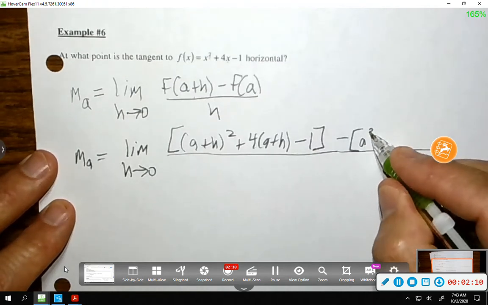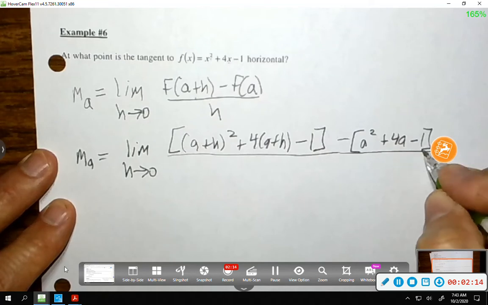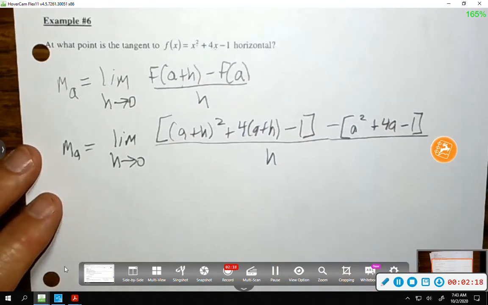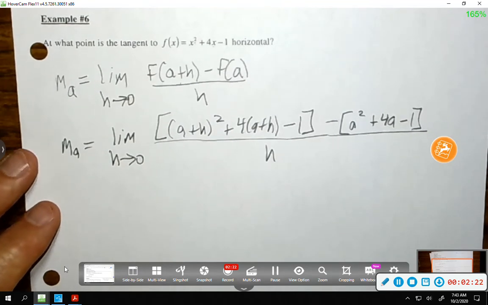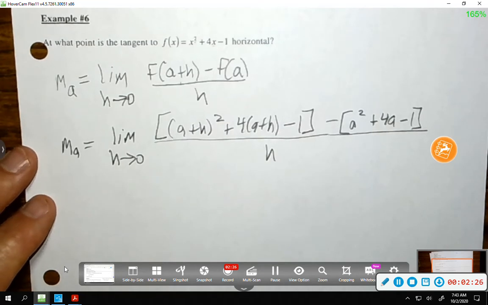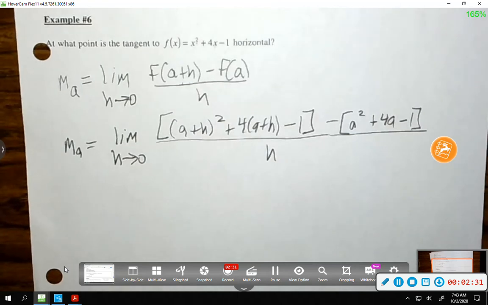A squared plus 4a minus 1, all over h. Wow, that seems like a lot, but the algebra here should always be the same. As we simplify the numerator, every term that does not have an h must cancel. So we can factor out the greatest common factor of h and then reduce that factor of h in the denominator.